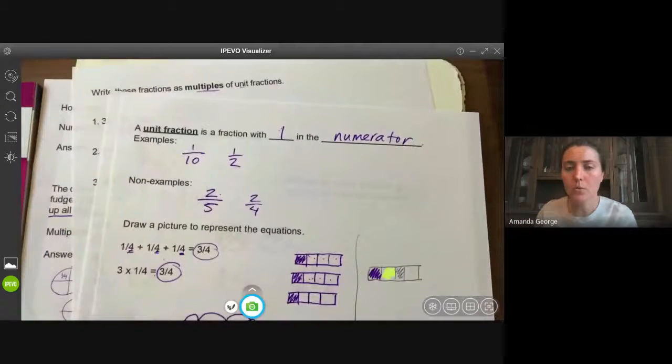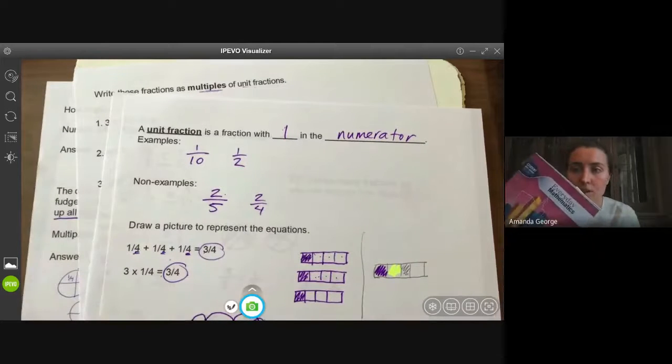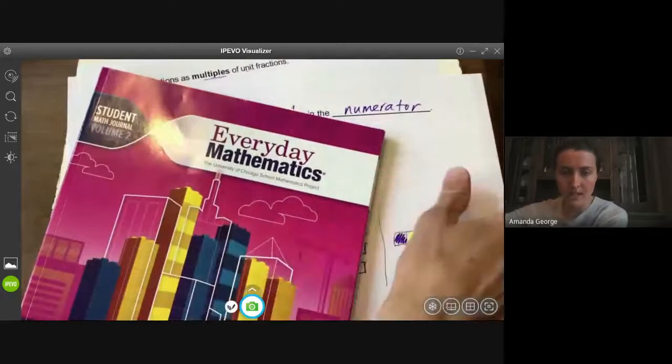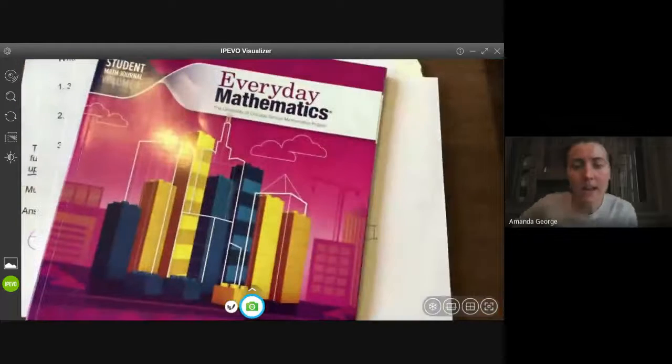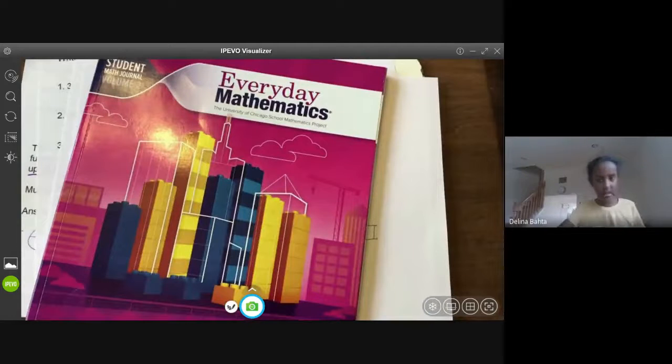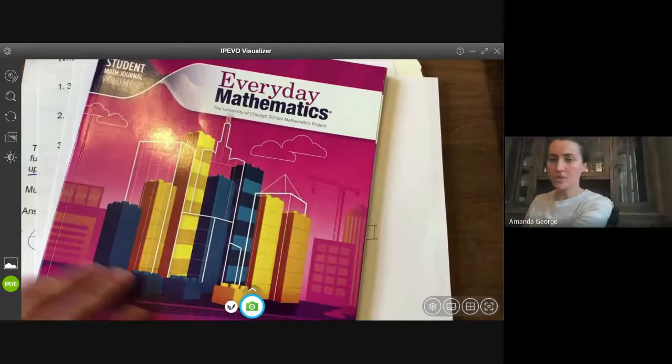So I think it will be easier for you to make the corrections in your journal. That way your math journal is filled with all your problems corrected. I agree. Okay. Let's do the try this together.